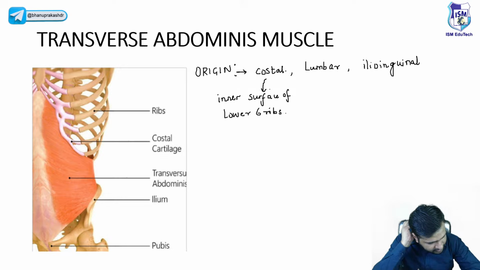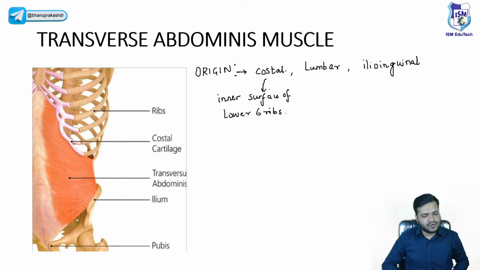Yes, Varun Kashyap, you are right. It will be from T7 to T12: 7, 8, 9, 10, 11, 12. I said lower six thoracic nerves, so it will be T7 to T12, right? Very good. It's good that you are answering the question. So the inner surface of the lower six ribs.